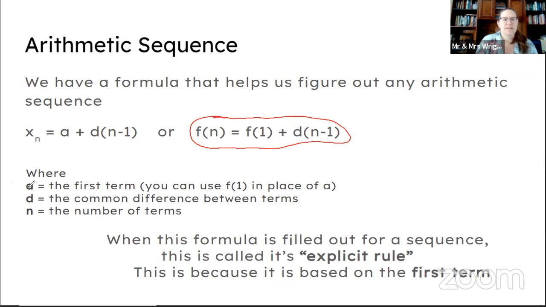In that case, instead of writing a as the first term, f of 1 is the first term, because remember, every time we want to know what something is, we can write it as the name of a function when we have a function. So a is the first term, f of 1 is the first term.